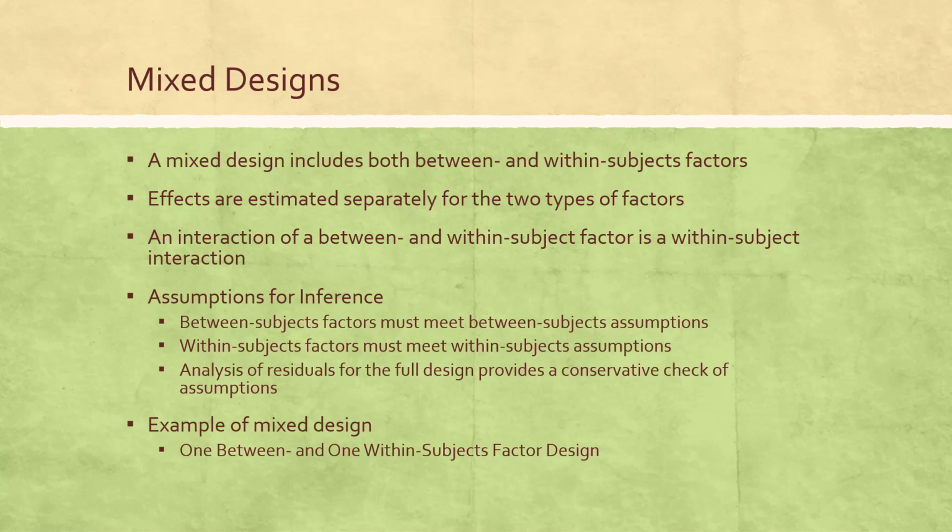That is, if I look at my QQ plot for the residual for the entire design and it shows me that it appears to be normal, then I can feel comfortable using the normality condition for valid inference on the between subject factor without checking it separately, and similarly for the within subject factor. So the analysis of residuals for the full design will provide a conservative check.